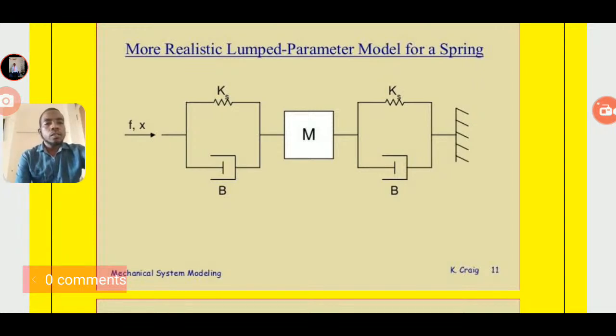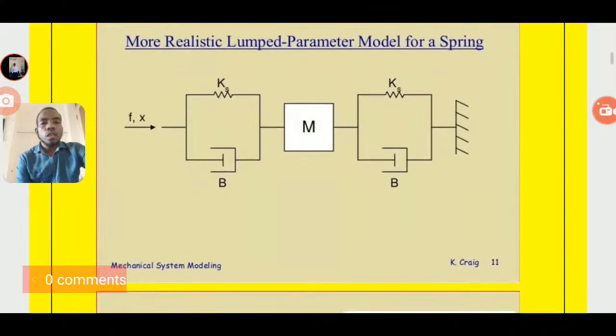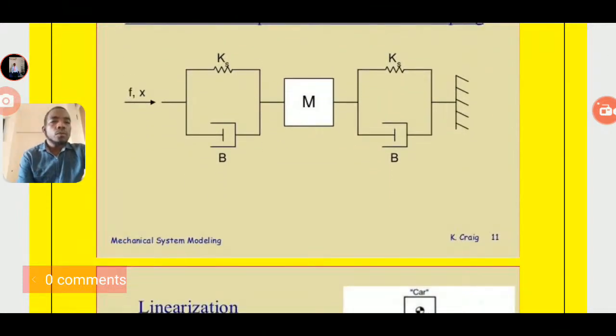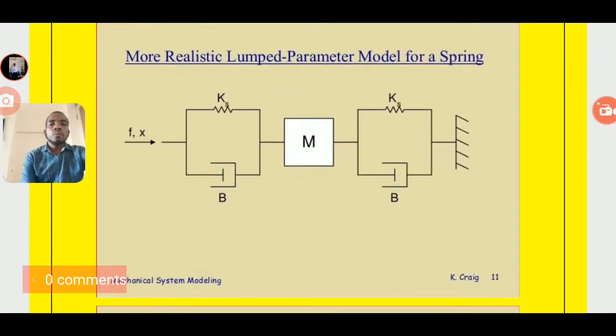B is represented as a damper or dashpot, and this Ks is nothing but the spring, and this is the mass, the given mass. So like this we can represent it as two loops. There are two loops here. This is the input and the input. Like this we can get the diagram for the lumped parameter model for a spring.